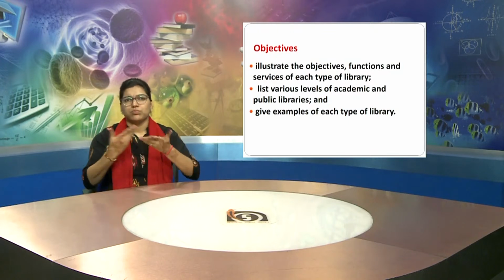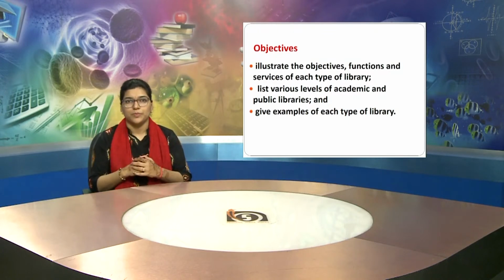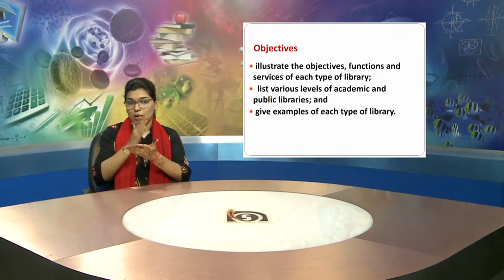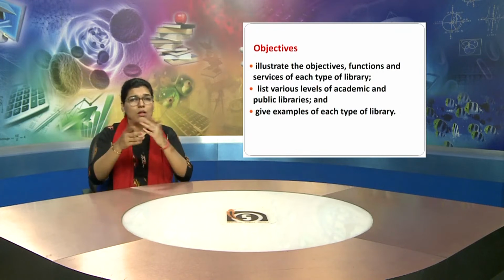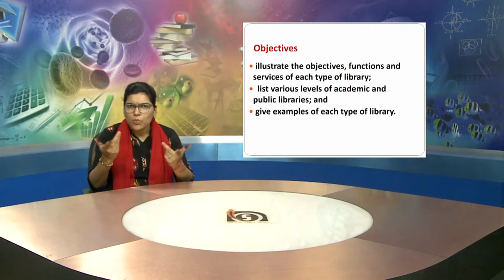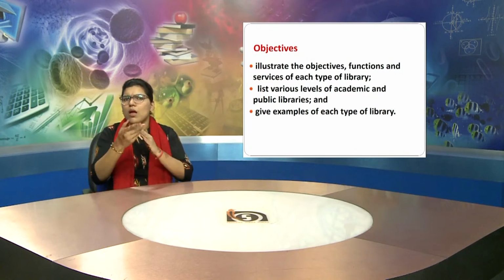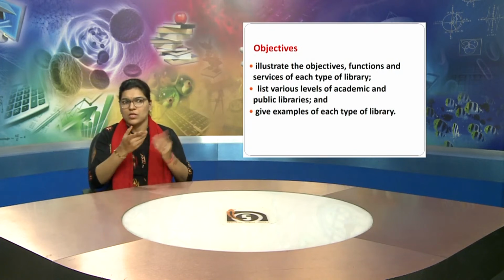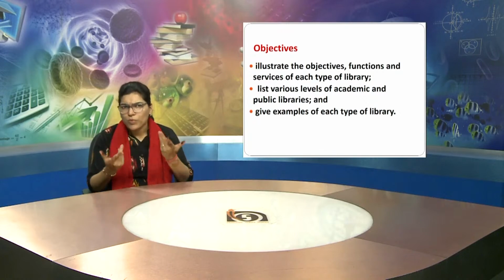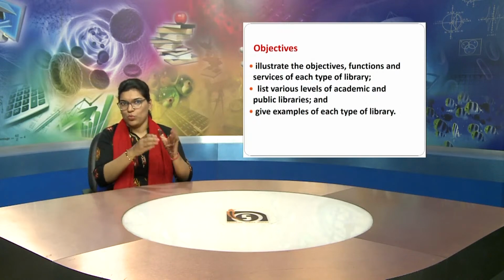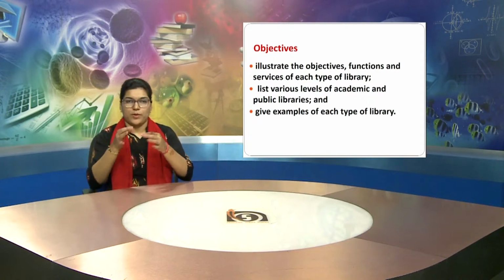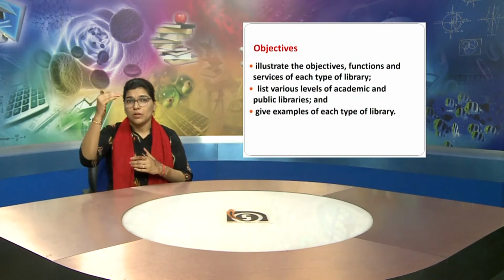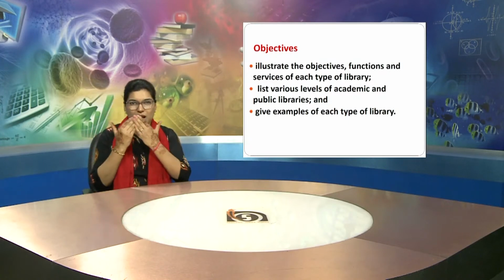Now let us discuss the objectives of this video. In this video we will be able to illustrate the objectives, functions and services of each type of library. We will understand it in detail.